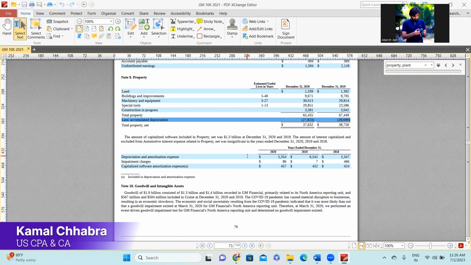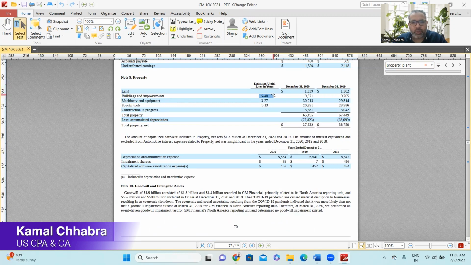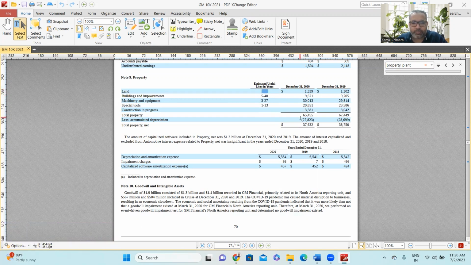Right, Kashish? Yes, sir. Clear. So here you will see the estimated useful life in years. Building is 5 to 20 years. Machineries are in the bracket of 3 to 27 years. Tools are in the bracket of 1 to 13 years. But if you see land, no life, because land has infinite life and it's not depreciable, right?